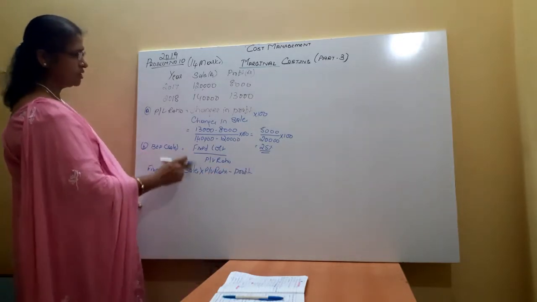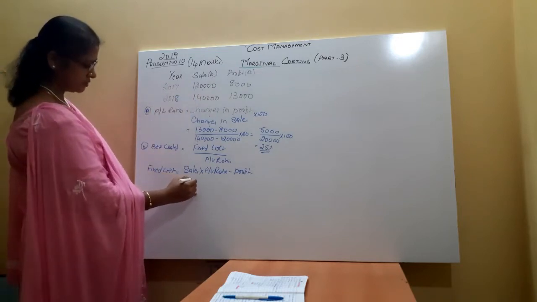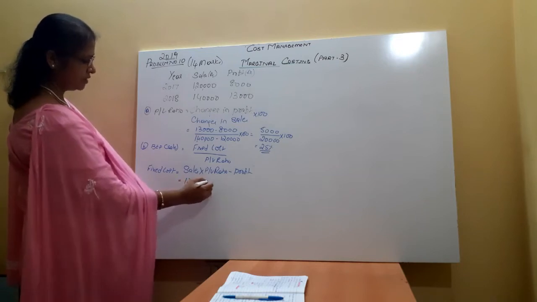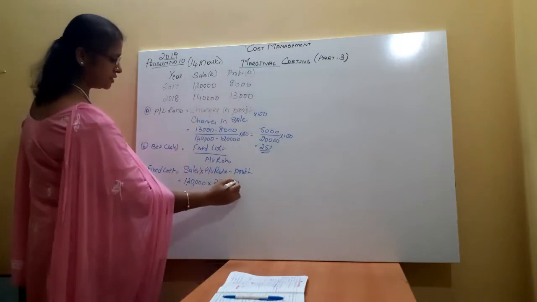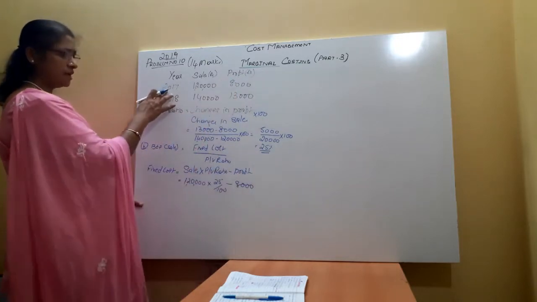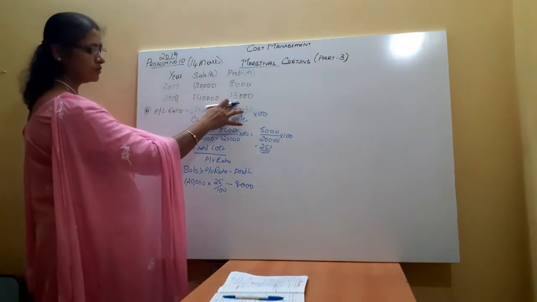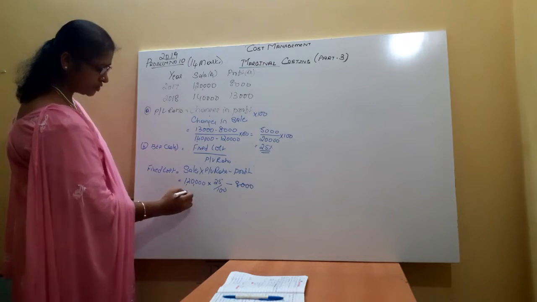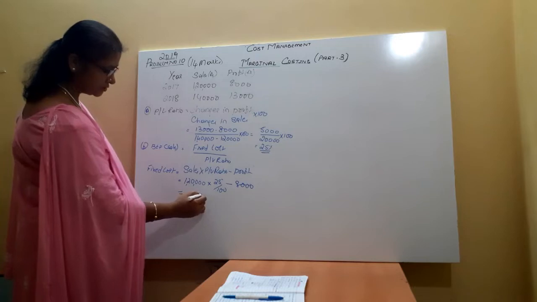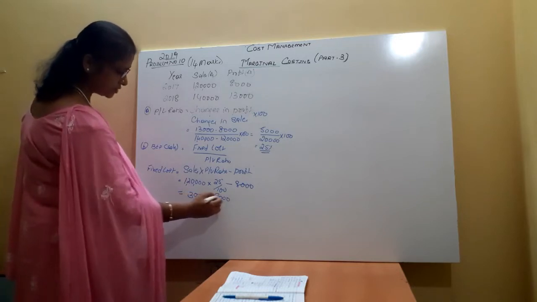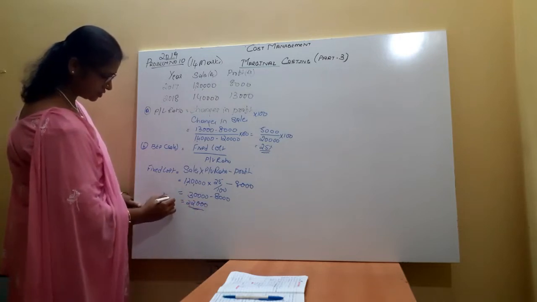Okay. So here let us take any one year. We will take the first year, that is sales is 1,20,000 into PV ratio is 25% minus profit of that year is 8,000. So you can take 2017 or 2018, but if you take sales of 2018, you should take profit of 2018. But you will get the fixed cost same only. 1,20,000 into 25% is 30,000. 30,000 minus 8,000, you get the answer as 22,000. So this is your fixed cost.